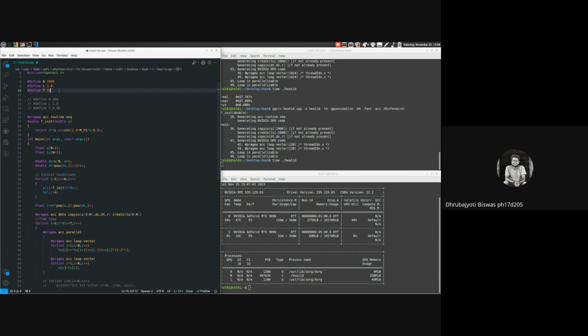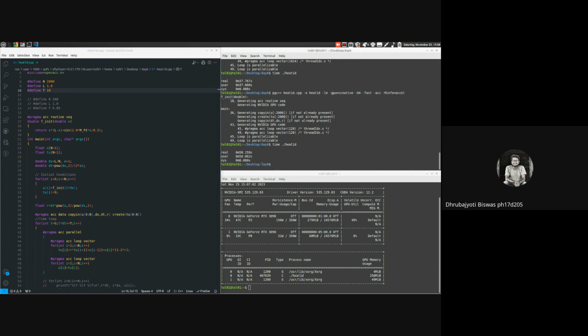Maybe I can put 10 seconds here. It is taking around 58 seconds. If I remove that vector, let's put vector back.